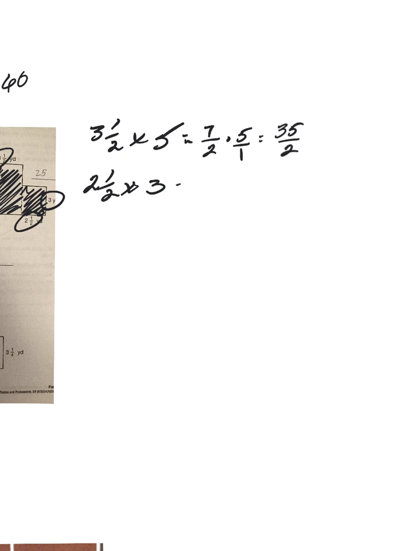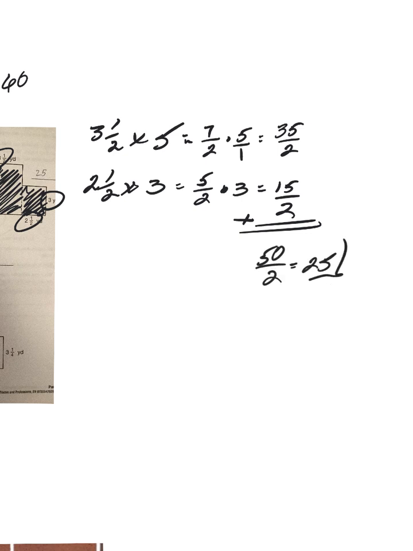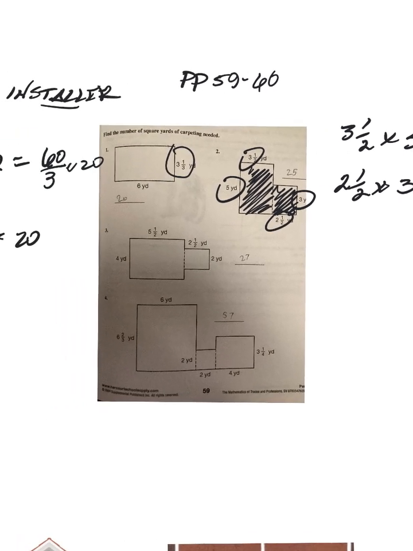Then this one here, 2 1/2 is 2 times 2 is 4, plus 1 is 5/2 times 3, and that gives me 15 over 2. Since our denominators are 2, we just add the numerators together, which is the 35 and the 15, and we get 50 over 2, and that reduces to 25. So that odd shaped figure there is 25 square yards.